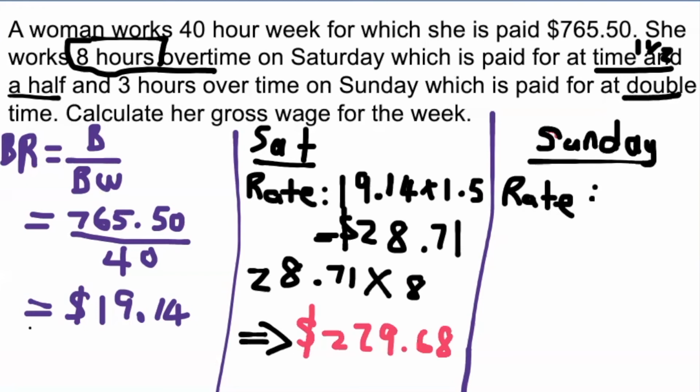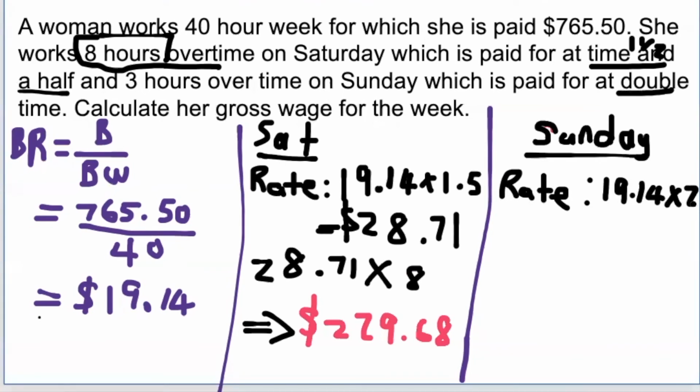So it means the rate will be 19.14 times 2, because double is twice the amount. So 19.14 times 2, the new rate, is rather enticing, is $38.28. That's a lot.